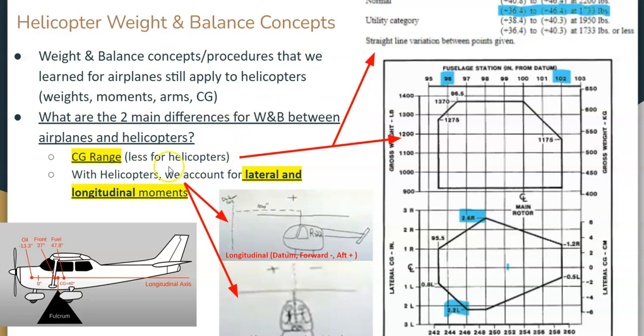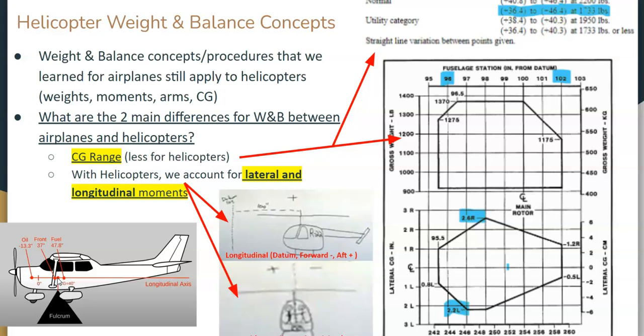The first main difference is that with airplanes, you may remember this image from previously, we only really cared about the longitudinal axis. We didn't really care about what was going on in and out of the screen. If there were two seats or one seat here, we just assumed that it didn't affect the moment much other than just by weight.